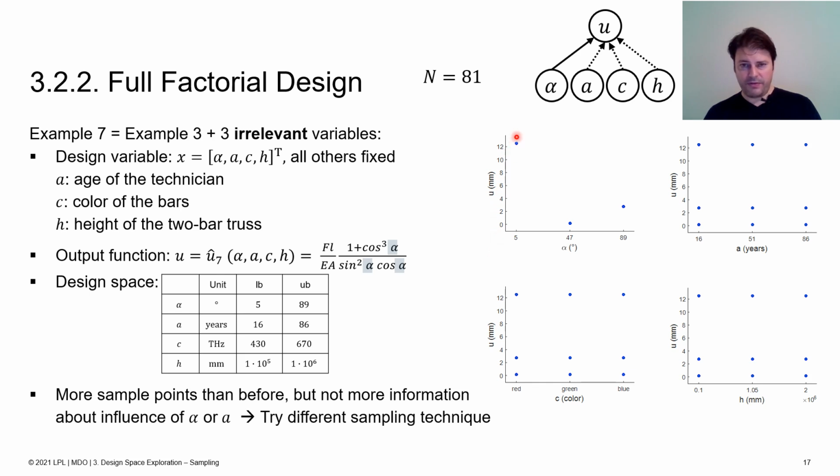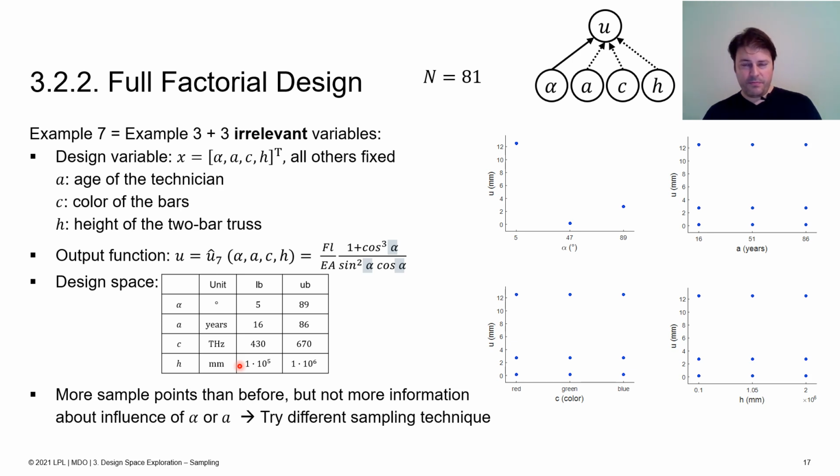The only relevant variable uniquely determines the value for the quantity of interest. But now we have 27 design points on top of each other. And before we had only 9. And the plots for the irrelevant variables, they all look the same. Not surprisingly.